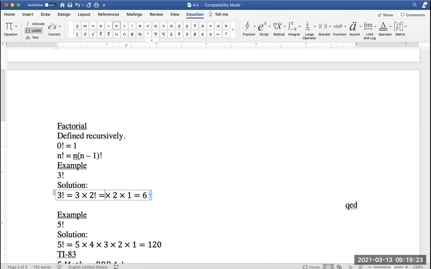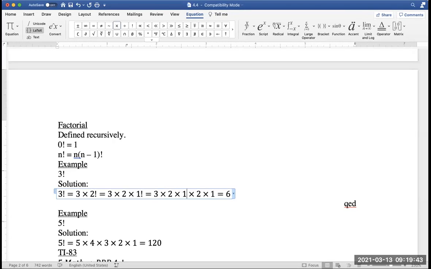And 2 factorial is 2 times 1 factorial. And 1 factorial is 1 times 0 factorial. But 0 factorial is 1.